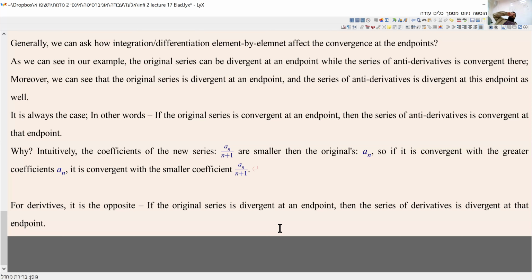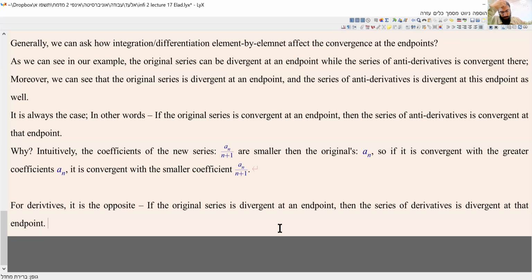I mean, integration element by element can fix a divergent endpoint into a convergent one, and differentiating element by element can destroy a convergent endpoint, make it a divergent one.